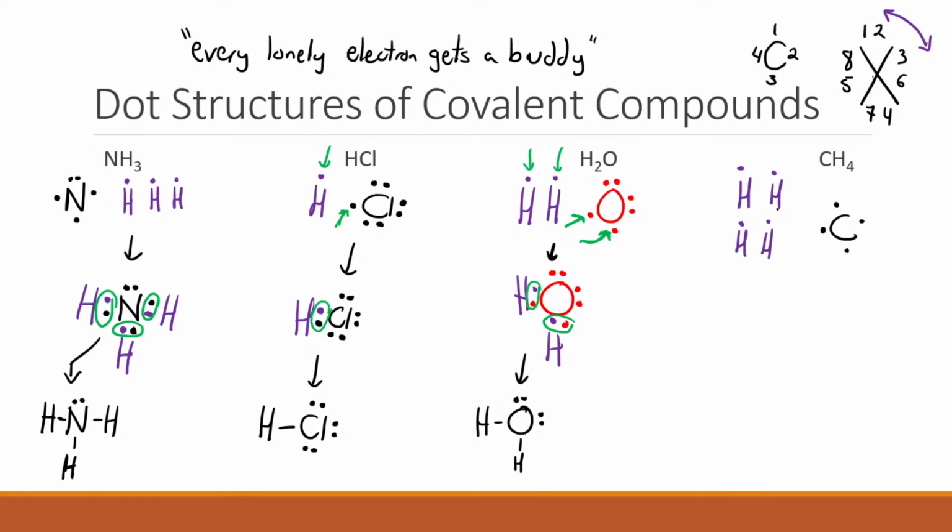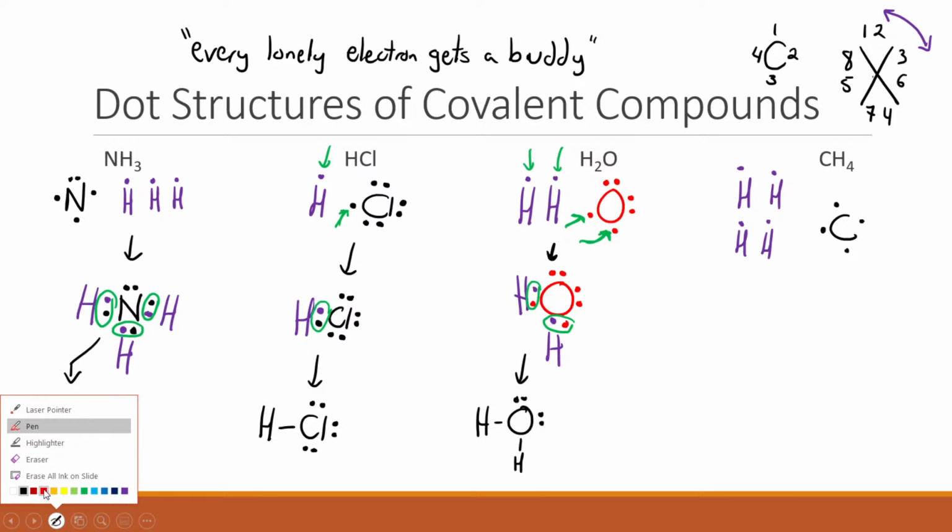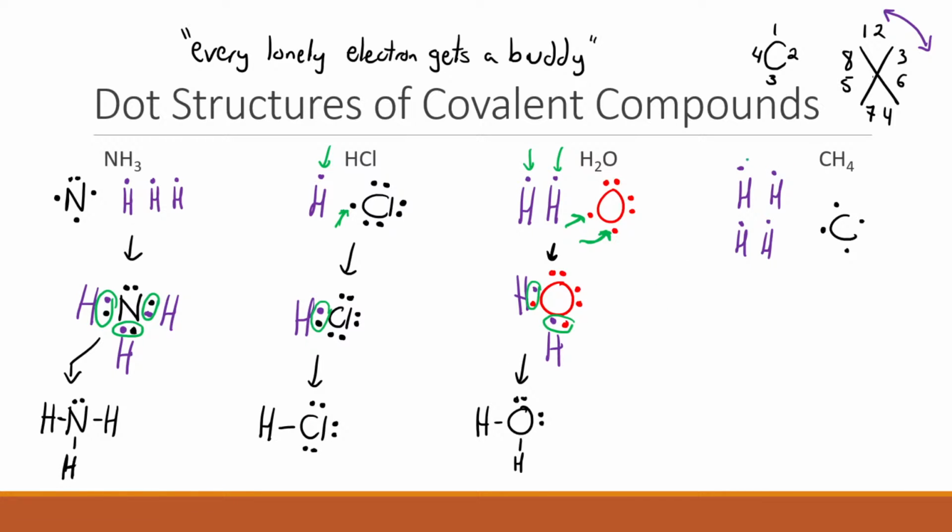And now, when we connect, you can see we're going to get 1 lonely electron on each H, plus 1 lonely electron on each side of carbon.